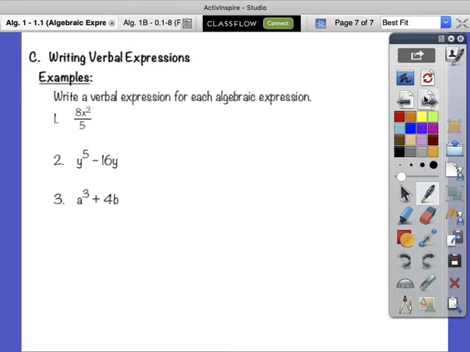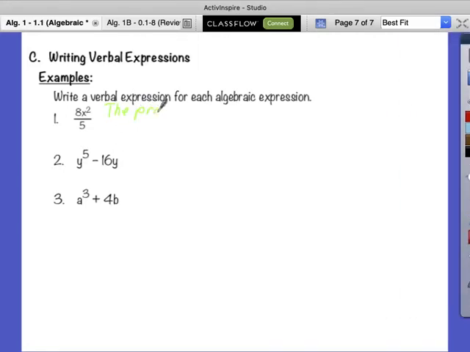Emily? The product of 8 and x squared divided by 5.